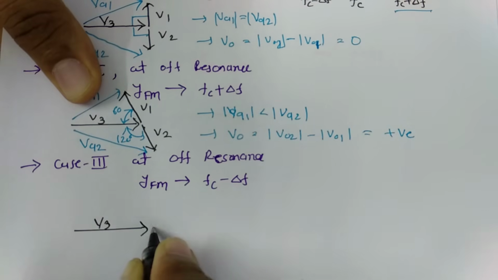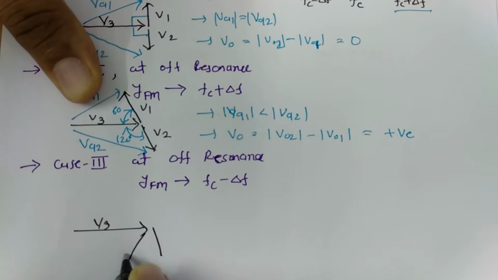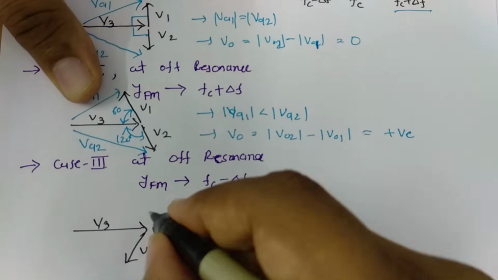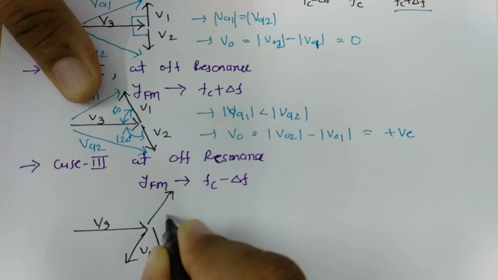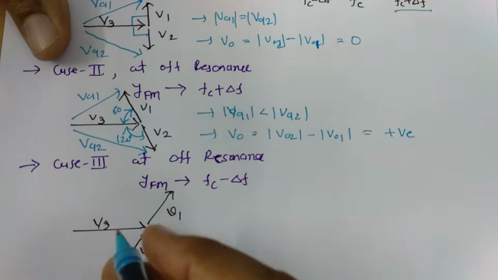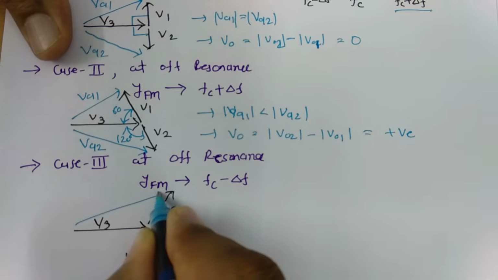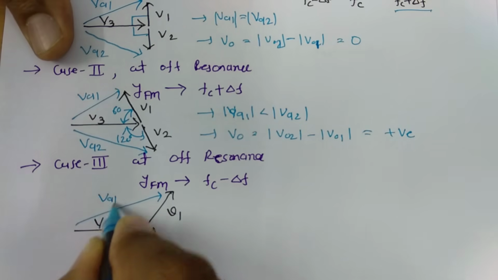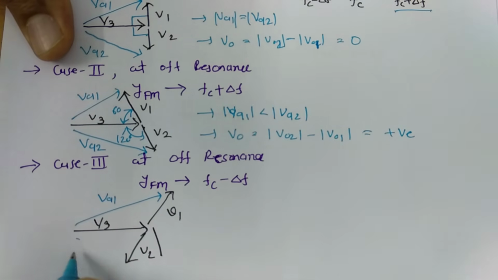Now as I have told, the phase in between V2 and V3 will decrease, and this is what V1. So if you see the voltage in between V3 and V1, that is VA1, and the voltage in between V3 and V2, that is VA2.